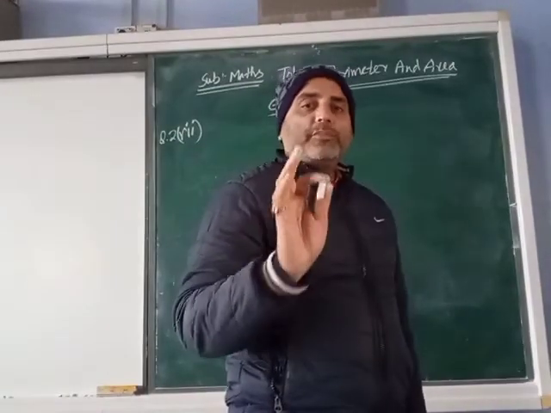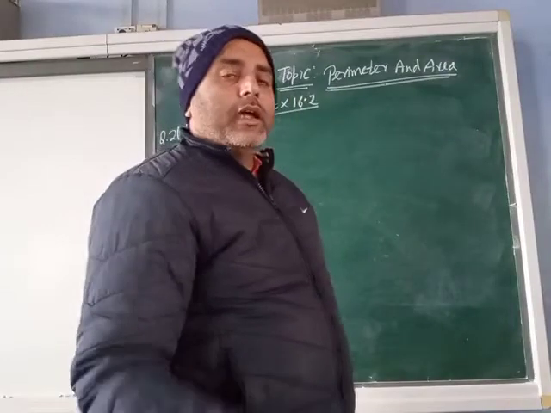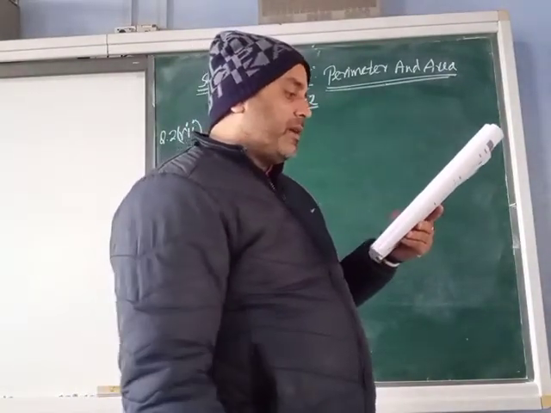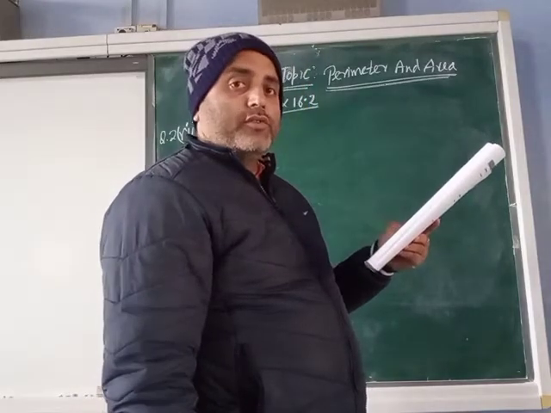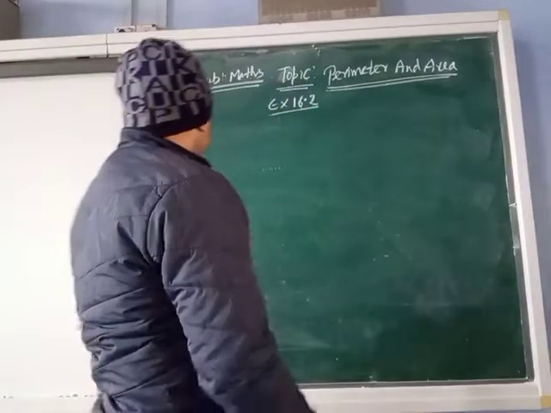It means you have two figures, one a rectangle and the other a square, and the areas of both figures are the same. The perimeter of the square is 80 centimeter.